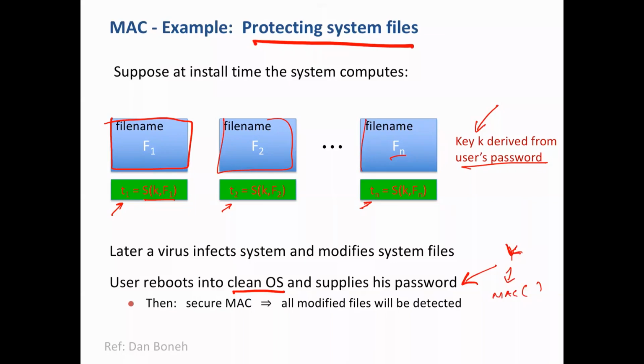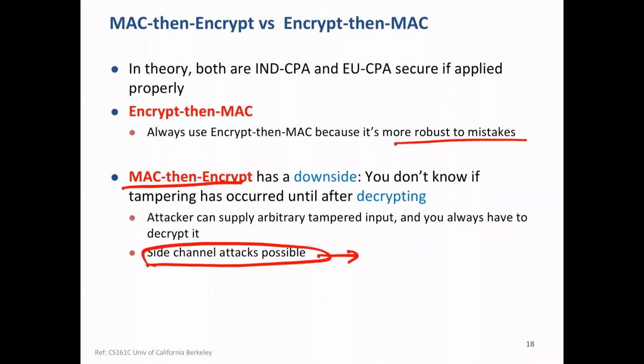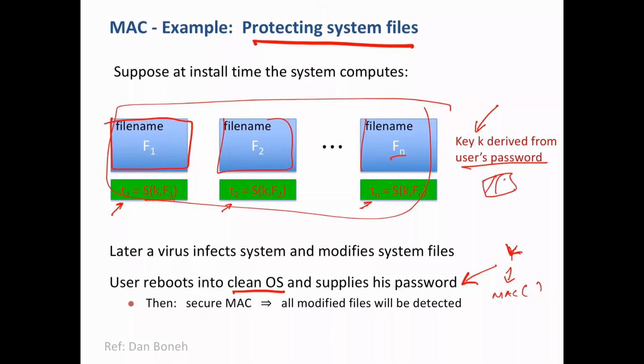So from this the system can find out all the files that are corrupted. Let's say the file is corrupted, then the MAC with this key is the same, and the key is not known to the virus, right? So you calculate the tag. Now if you have the clean tag available, match it, and you find that it does not match, then you know that the file is corrupted.